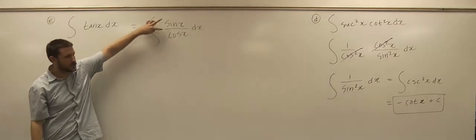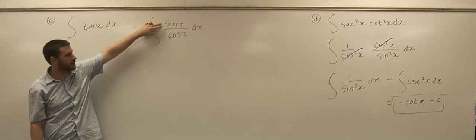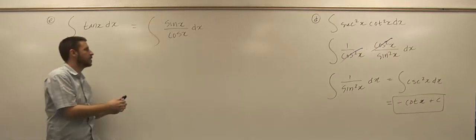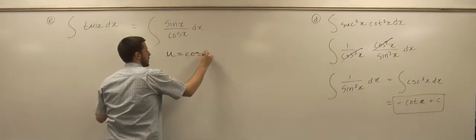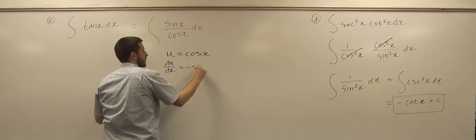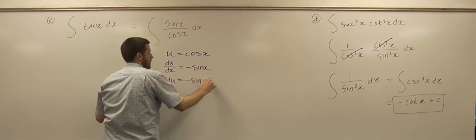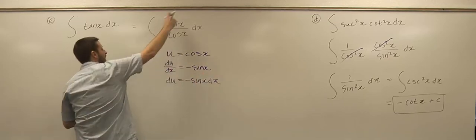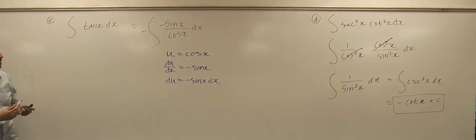Because the derivative of cosine is sine. Well, almost. Close enough. So let u equal cos x. Then du dx is negative sine x, so du is negative sine x dx. I have sine x dx, so I toss a negative in there to make the world a happier place.